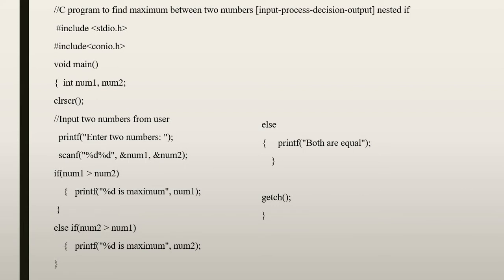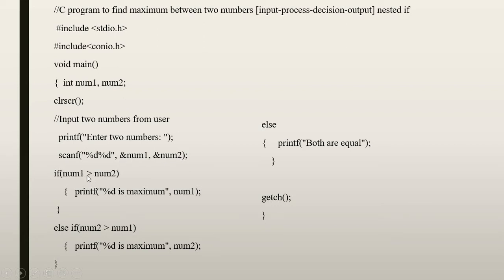Next coding, that is finding the maximum number between two. Over here we are using a nested if condition, meaning more than one if condition we have used. Same coding, allowing the user to enter two different numbers with the help of input.